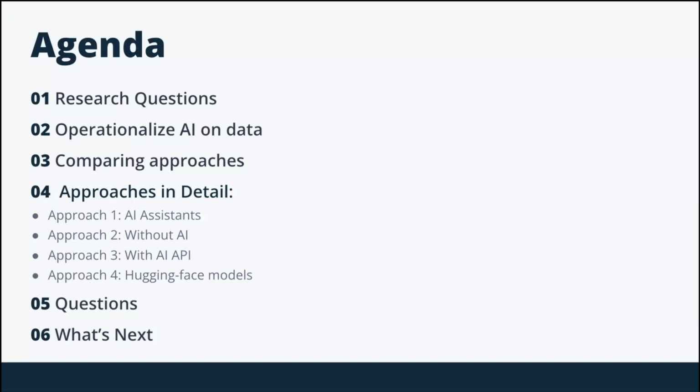Everyone on this call is probably familiar with an AI assistant. Then we're going to talk about using notebooks without AI. What does that mean? And then we'll use notebooks with an AI API. And finally, we'll talk about using open source models in notebooks. We'll finish this webinar by talking about skills and where you can go next.